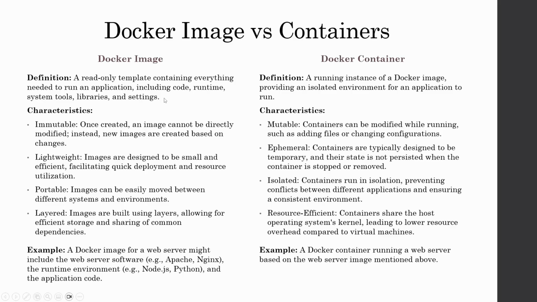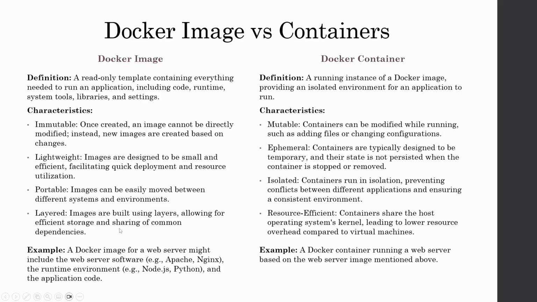If a particular layer is already built, then it will not build that layer again unless the underlying layer has changed. That is one of the main reasons. If you try to build the same image again and again, the first time it will take more time. The consecutive times when you build it, it will be much faster because of this layered architecture.